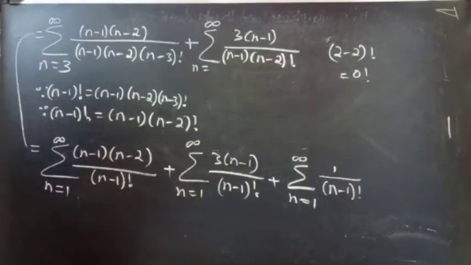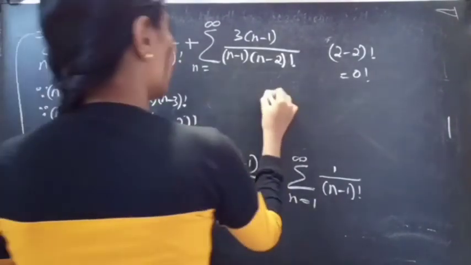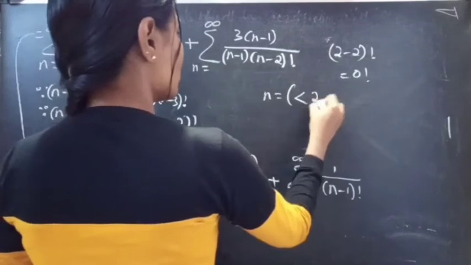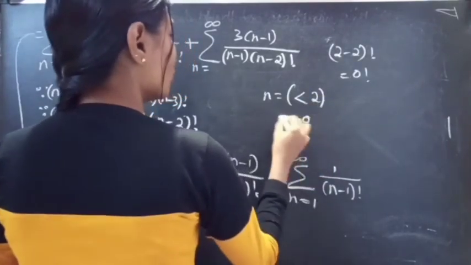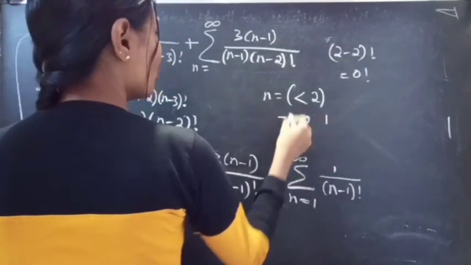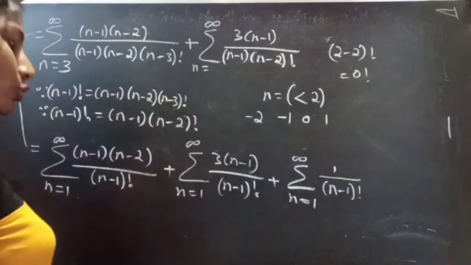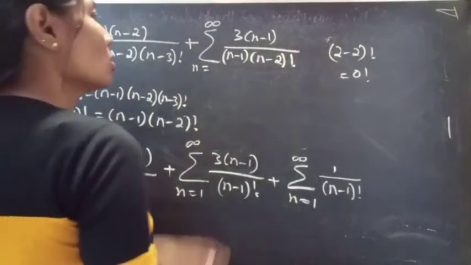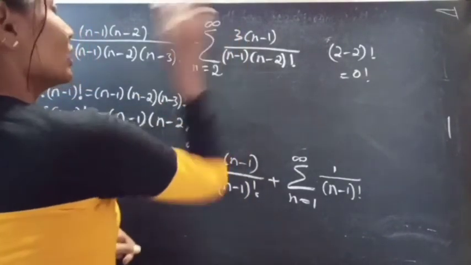So the numbers which are less than 2, if you take for n equals to numbers less than 2, you'll have 0, 1, 0, minus 1, minus 2. So for these you'll have negative factorial. In order to reduce the complexity, we'll take from n equals to 2 to infinity.